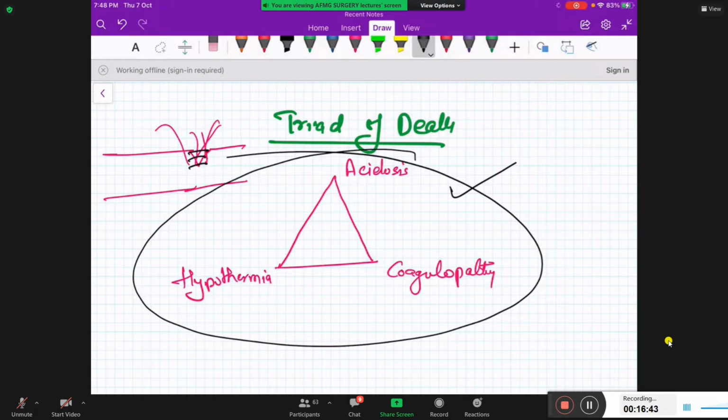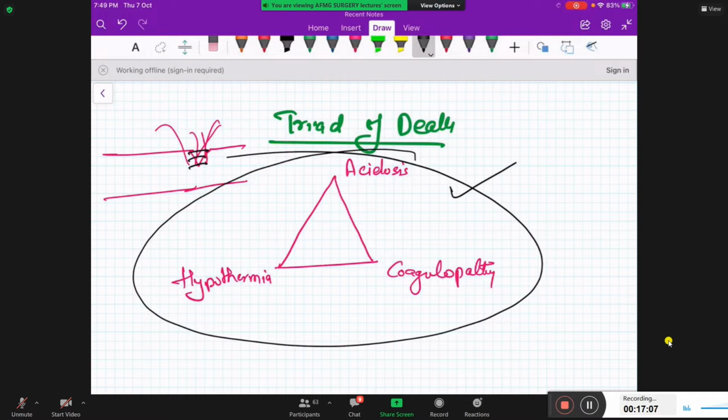So what the latest guidelines say in such scenarios is that a living problem is better than a dead solution. In such a scenario, we should do damage control. We should not try to do heroics in a patient who is already dying.